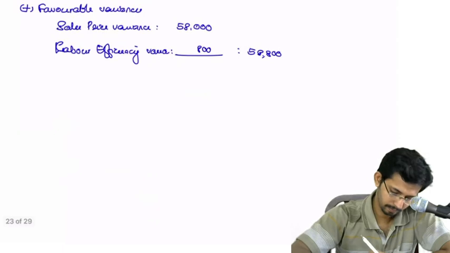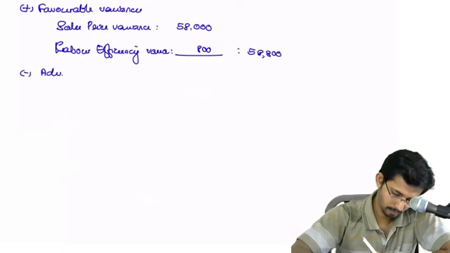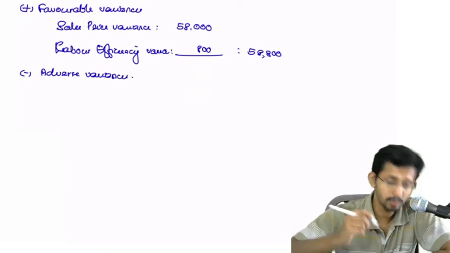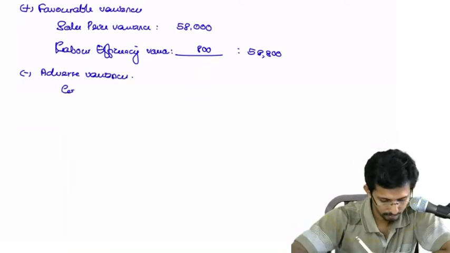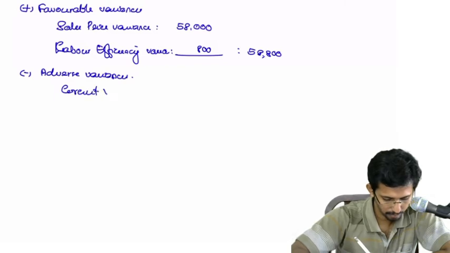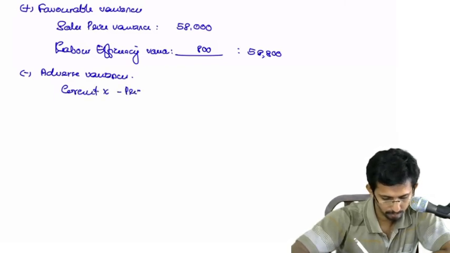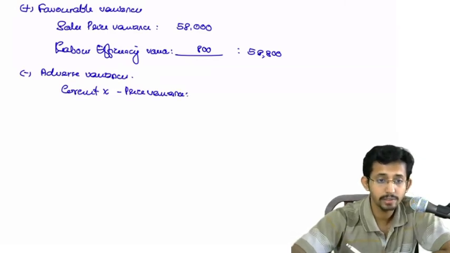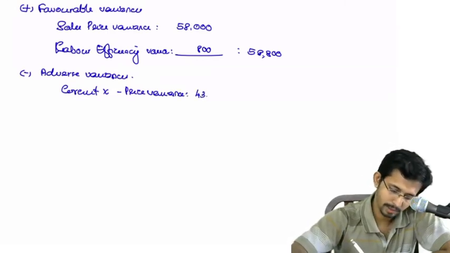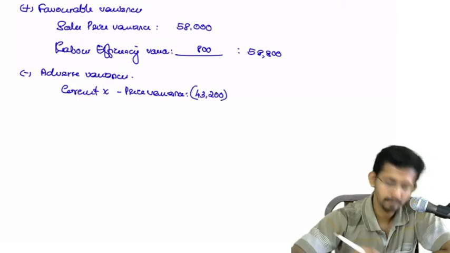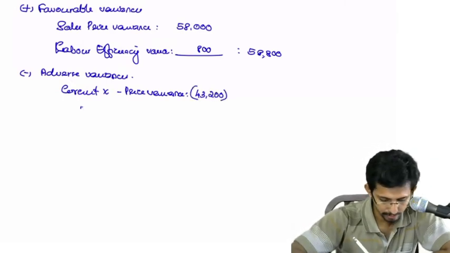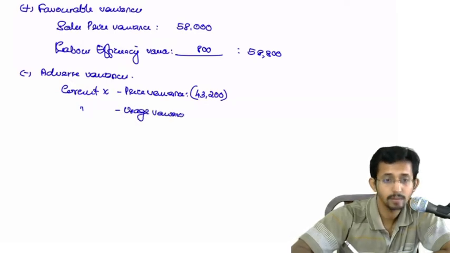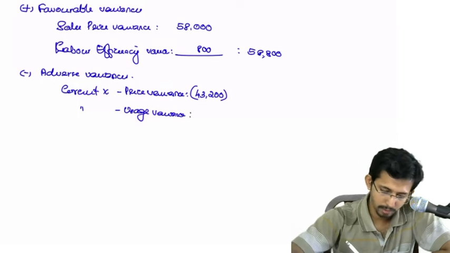Now less adverse variances. Price variance 43,200. Then you have usage variance. Usage variance is 4,000.